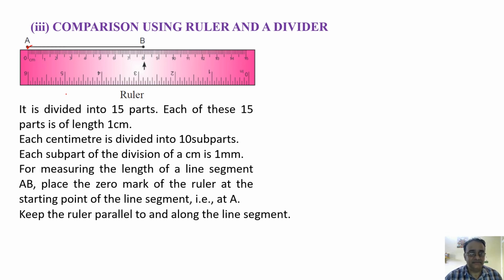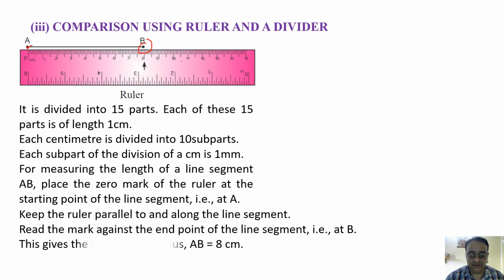See this figure. Then read the mark against the end point of the line segment, that is B, and we are getting 8. So AB is equal to 8 centimeters. In this way we have to measure the line segments.